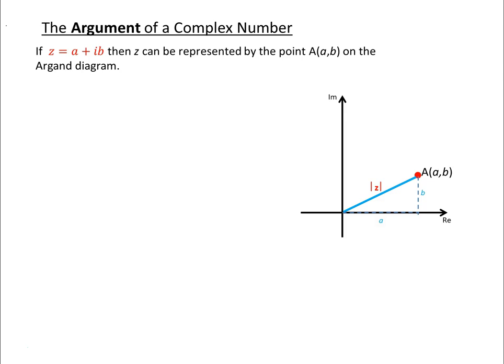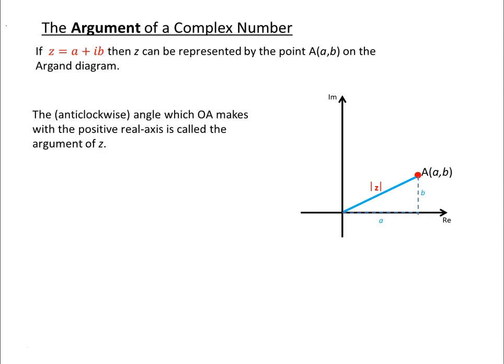Now the argument of a complex number is the angle made at the origin by the line that goes off in the direction of the positive real axis and the line that goes off to the point representing the complex number.